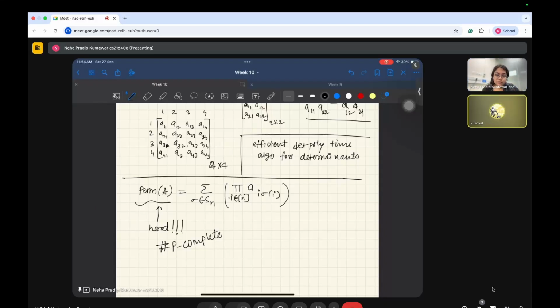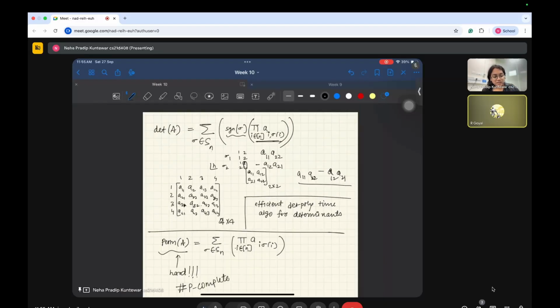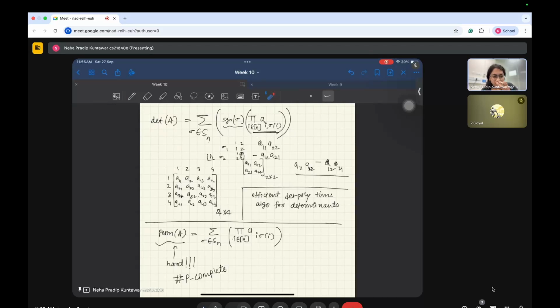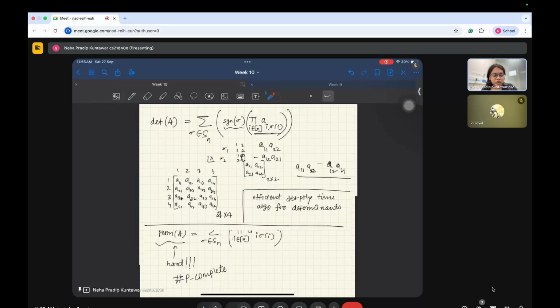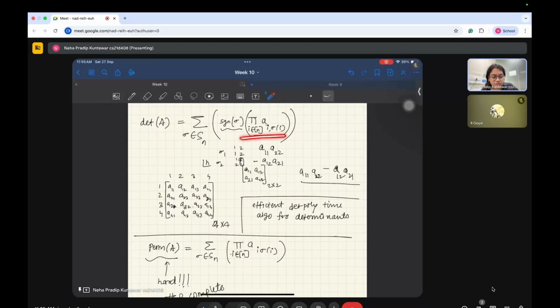And why so? If I can compute all the other values, then it is just a matter of putting in a sign. But we can't. The algorithm for the determinant does not go like this, because how many permutations are there? There are n factorial permutations. This is already exponential, and we can't afford to calculate all of them explicitly.